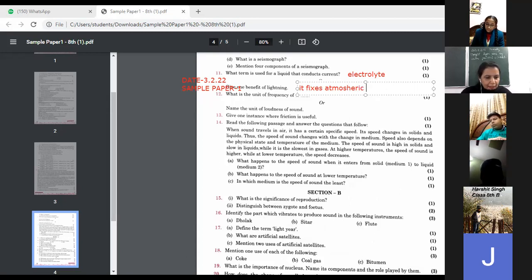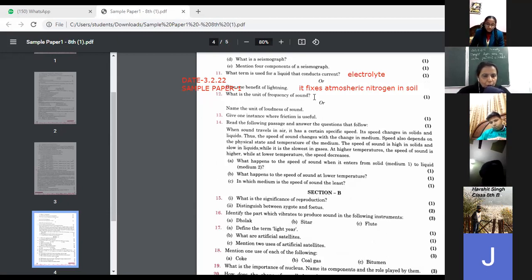It fixes atmospheric nitrogen. Nitrogen fixation. Yes, it fixes atmospheric nitrogen in the soil by the process of nitrogen fixation. Got it? Next, number 12.